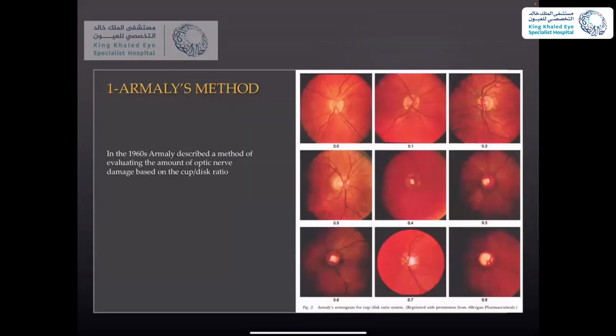The one we're using now is Armaly's methodology, which grades the cup to disc ratio in reference to this picture. As you see here, it starts from no cupping until you reach what we call 0.8 to 0.9 of total cupping. This relies on the cup to disc ratio, and you generalize it to the stages.